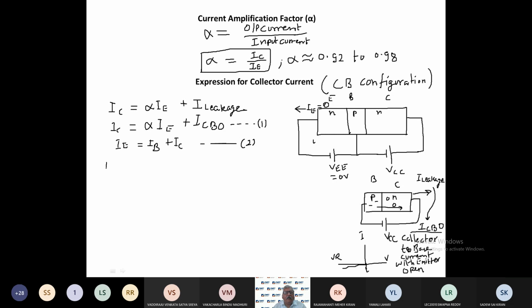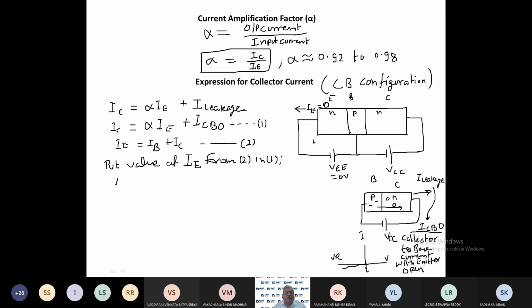Right? Now what we will do, we will put the value of IE from 2 in 1, right?